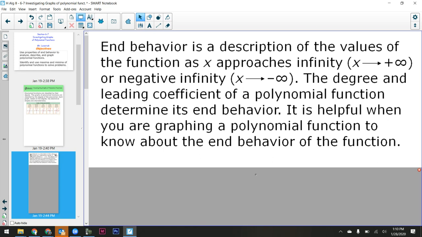So we have this idea of being able to talk about on the right side and on the left side. But we still have not had the rules about what happens on the right side, what happens on the left side, and what causes those things to happen. Well, actually, the leading coefficient and the degree determine the end behavior.